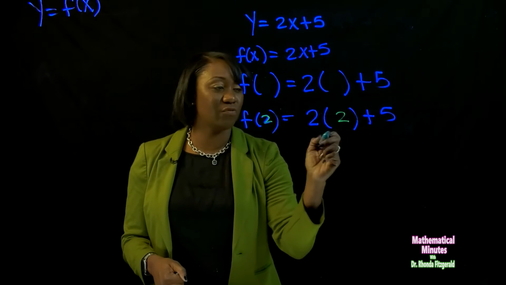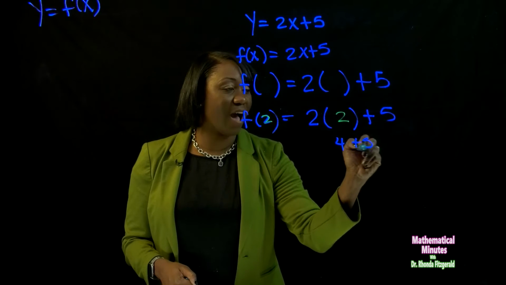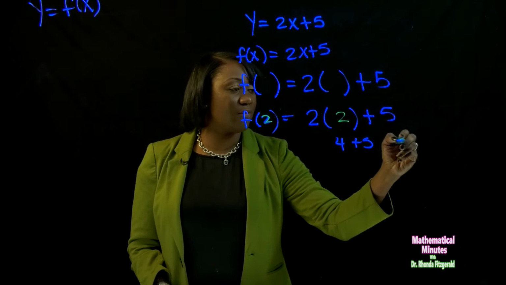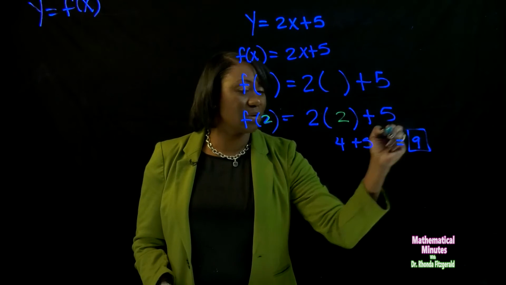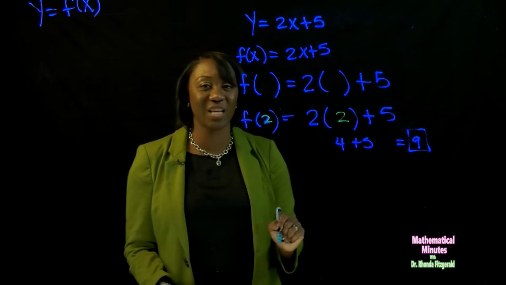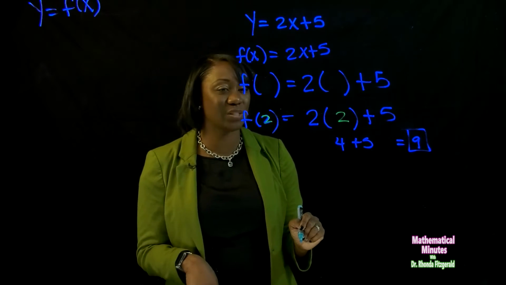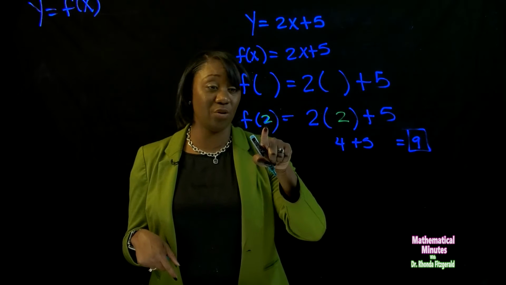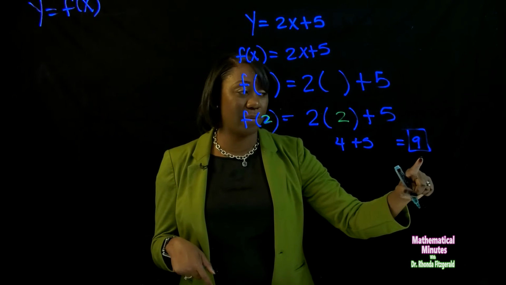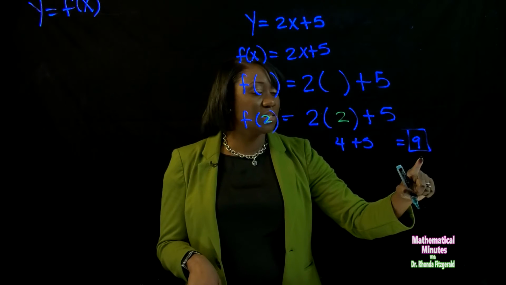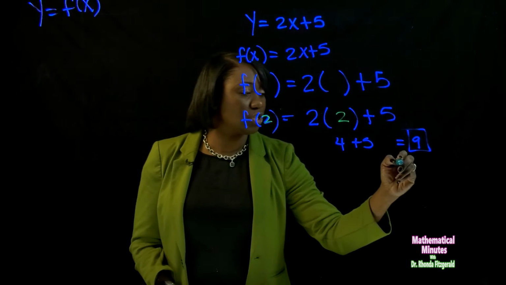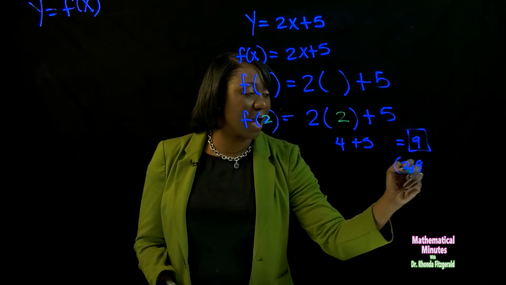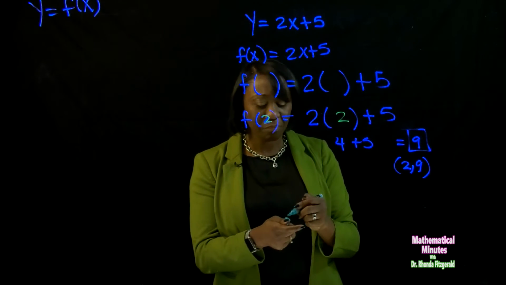Well, 2 times 2 is 4 plus 5, which is a value of 9. So here, f of 2 is equal to 9. And I can actually write that as a coordinate. My x is 2. My y, the output value, is 9. So I could actually even write this as 2, 9 as a coordinate.